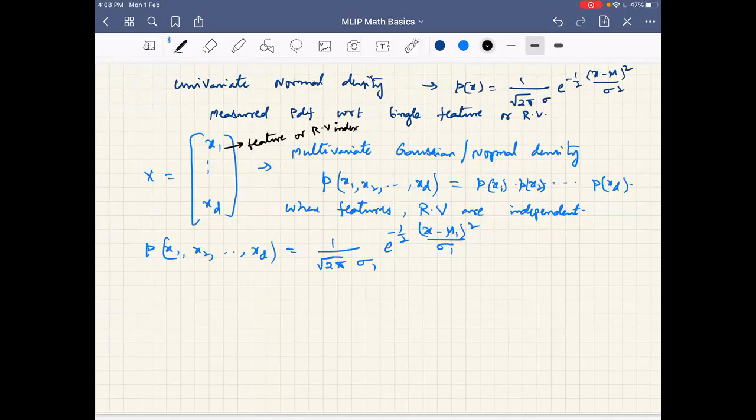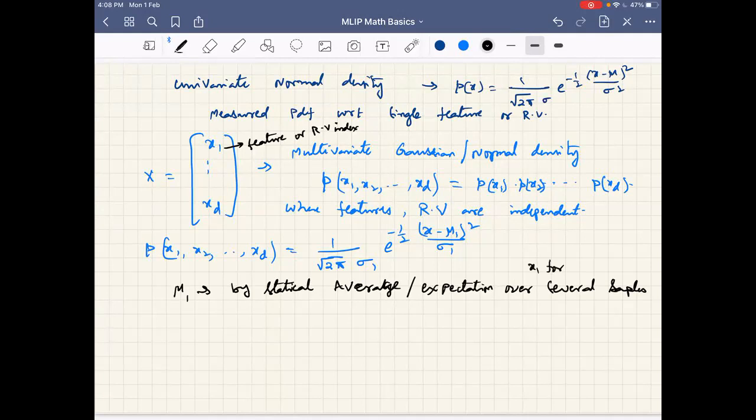To get mu 1, I use the statistical average, or expectation, over x1 for several samples, for the x1 feature.